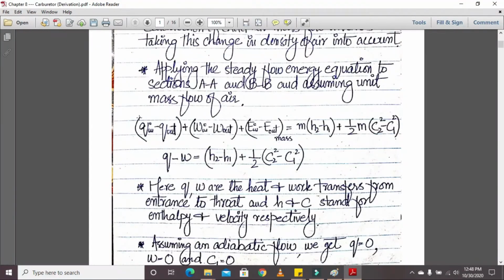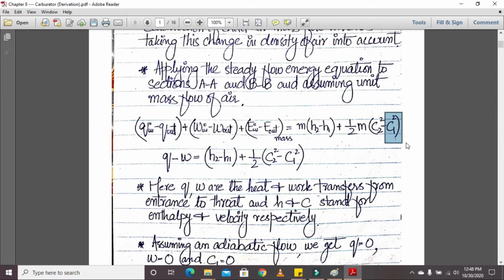Because we have assumed an adiabatic process, all the terms on the left hand side would be 0. Since the velocity at the venturi throat, which is C2, is quite higher as compared to the velocity at the inlet of the carburetor, C1 is considered as 0.